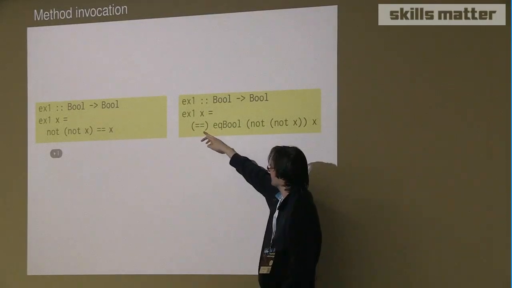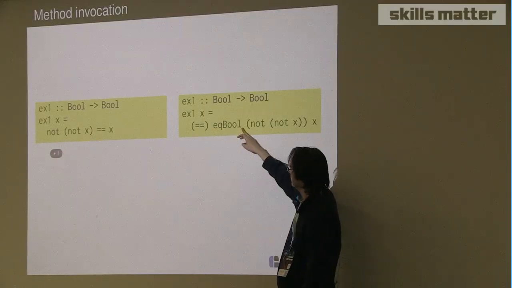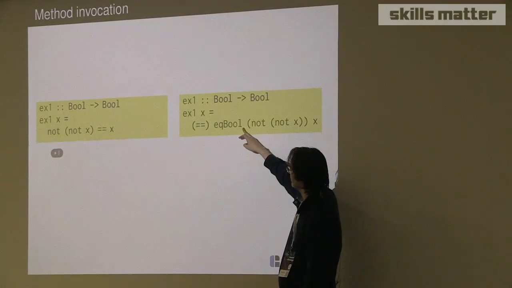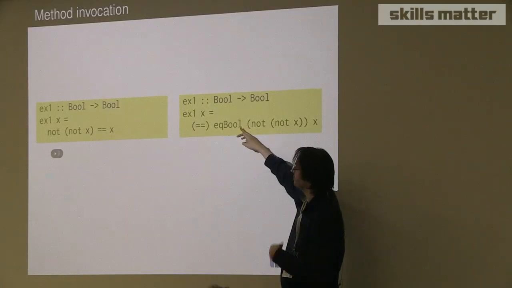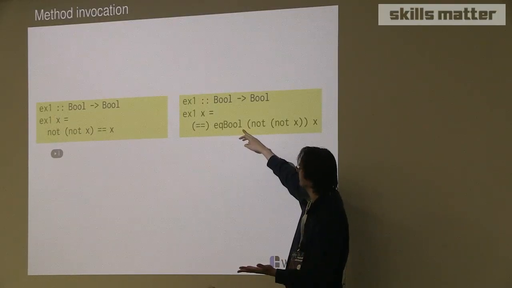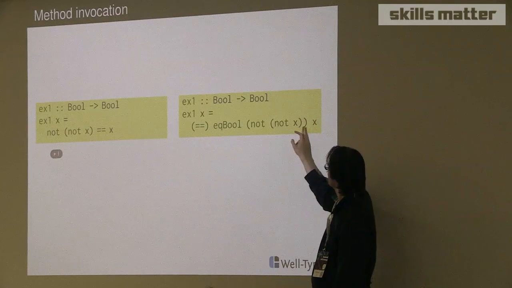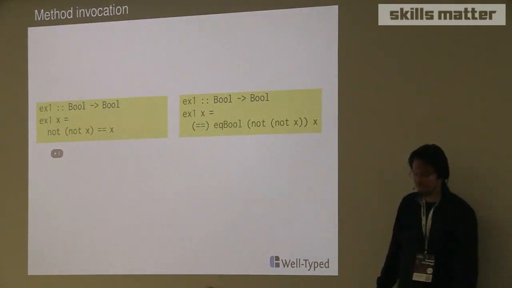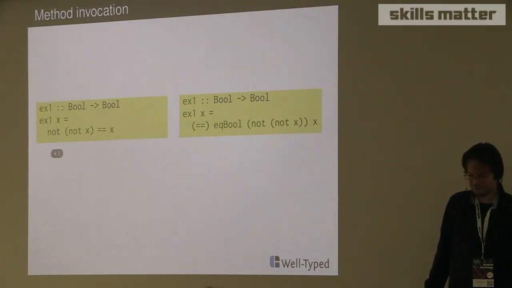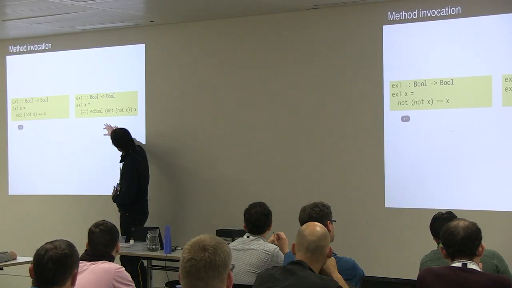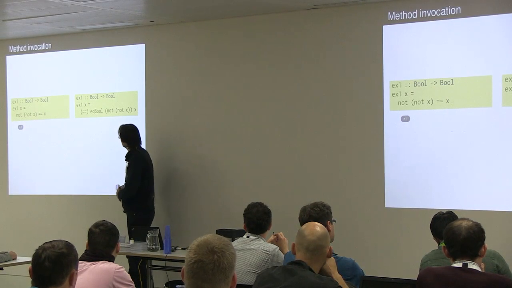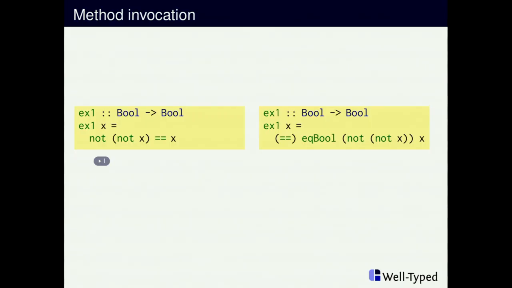But we're passing the EQ bool record as the first argument to equals equals, which basically gives us the implementation of equality on Booleans, and then we still have the 2 arguments as before. In practice, if you have code like this, the optimizer will not let it stand like this, and that's good, right?